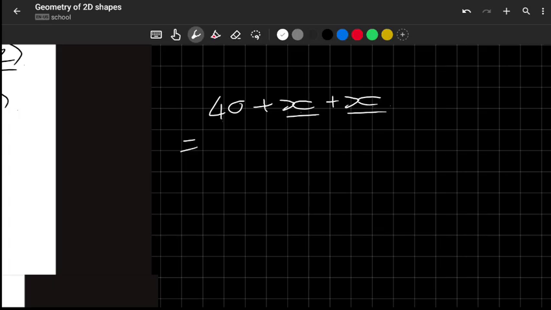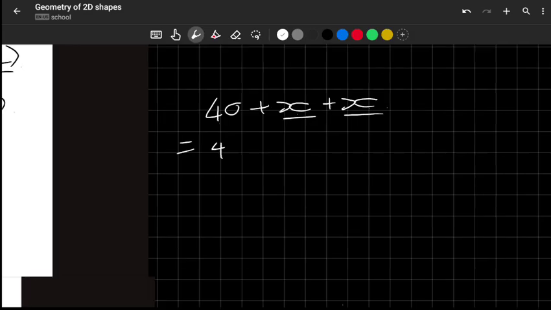The only thing you can do if an equation is like this is simplify it and say 40 plus, you have x and x there, right? You can add two x's together, so that's invisible 1, invisible 1, you have 2x, and you leave your equation like this, right?